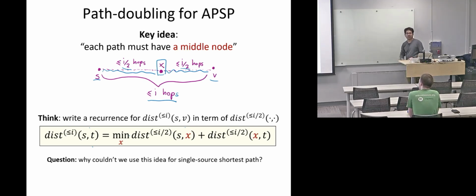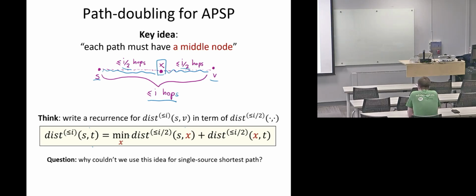It's n cubed now because i ranges from 1 to n, and then the same for both vertices. Good. So you said there are n choices for s, n choices for t, and n choices for i. So that's n cubed.